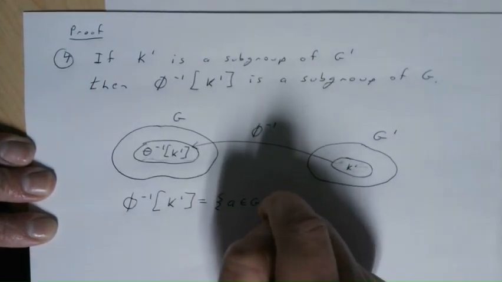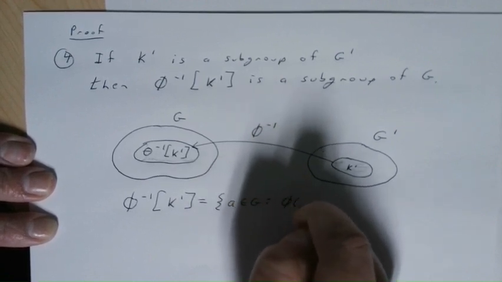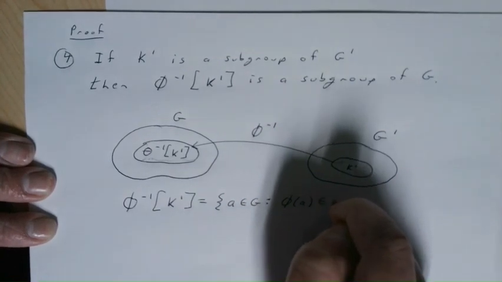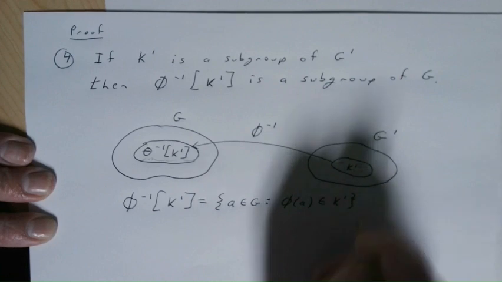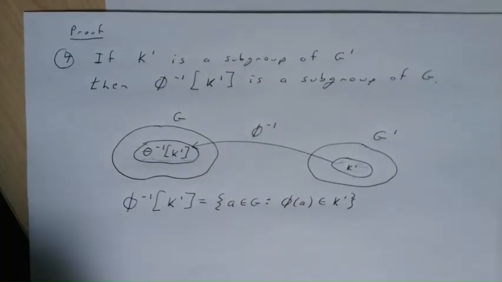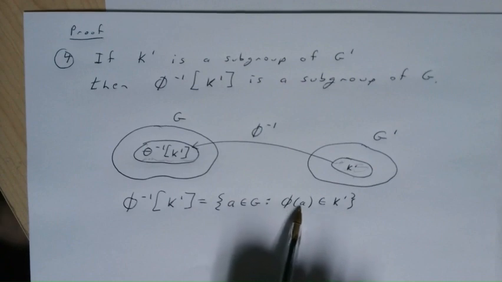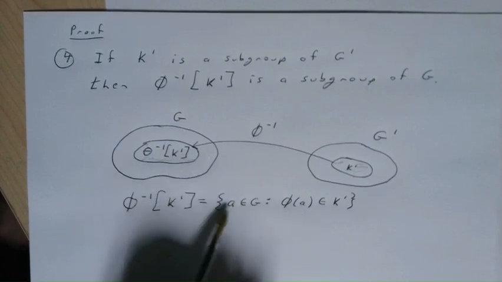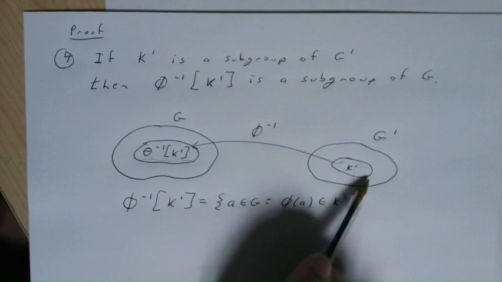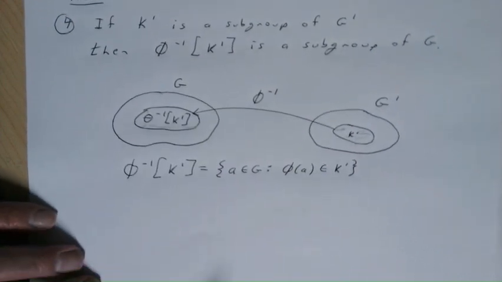So such that phi of A is in K prime. So in other words, you have K prime and you have this function that produces values in K prime, and then this inverse function are those values in G which produce the values in K prime. So now let's go ahead and go through the proof.